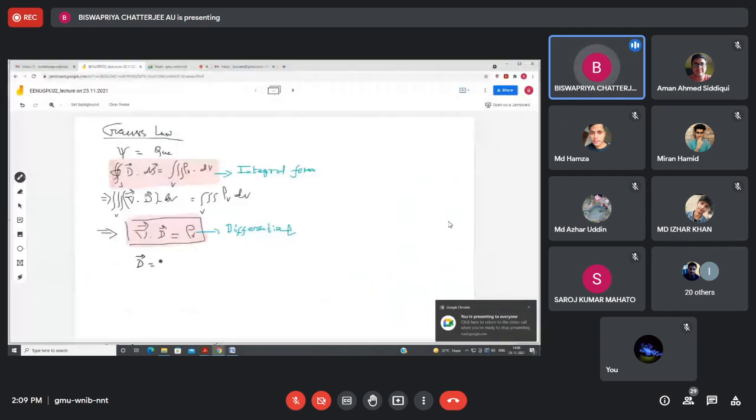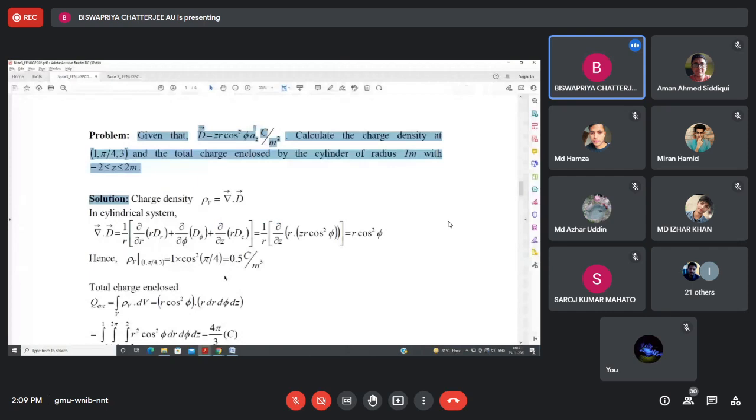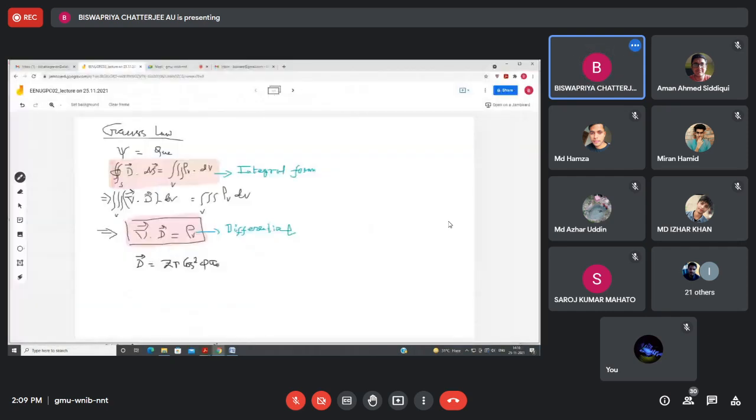It's z r cos square phi az, in coulomb per meter square. That is its unit.